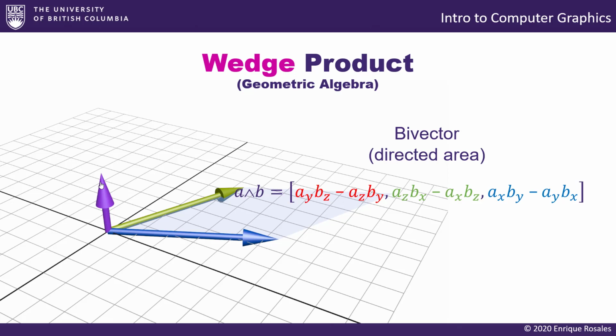So this bivector is just a geometrical interpretation in geometric algebra, but it's very useful because the goal of geometric algebra is seeing geometric entities as algebraic entities. So the idea here is to grab geometric entities and play with them as algebraic elements.